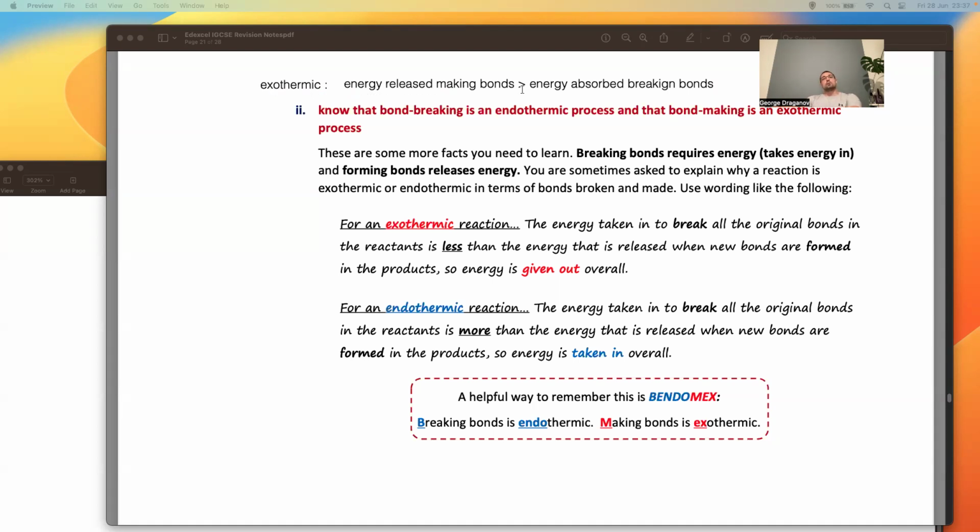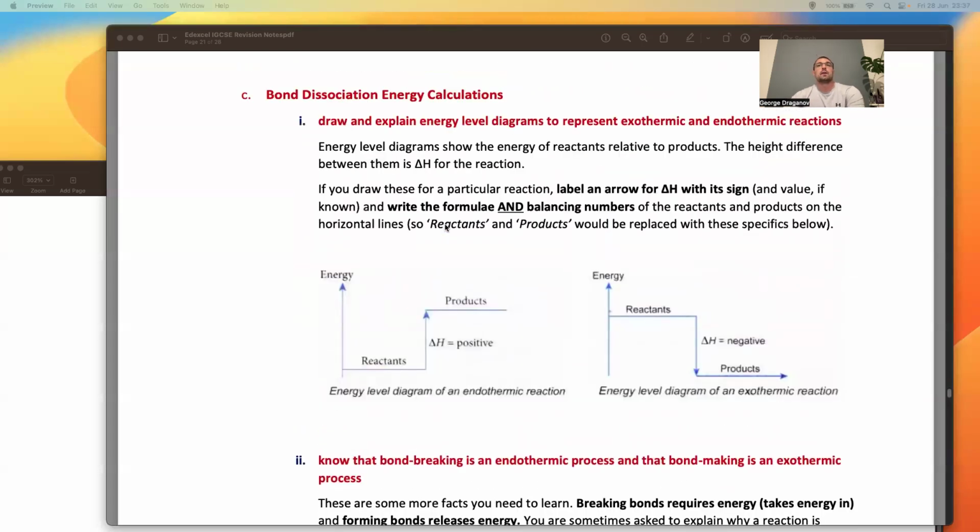As a result, you can do something called a bond energy diagram. Energy level diagrams look like this. So draw and explain energy level diagrams. If you imagine, let's start with an exothermic reaction on the right. If you start here with your reactants and they release their energy, now they're going to have less energy. So the product will have less energy.